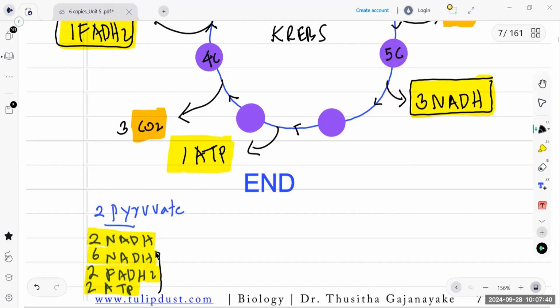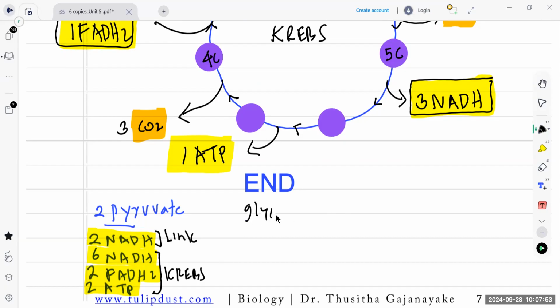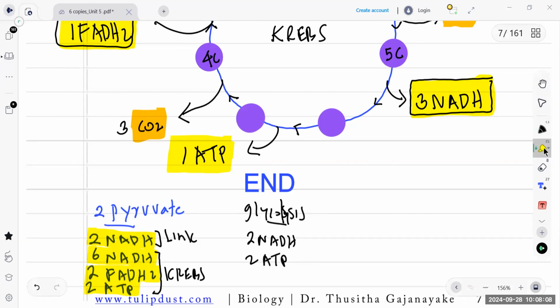This is from the Krebs cycle, and this is for the link reaction. And glycolysis produces 2 NADH and 2 ATP.